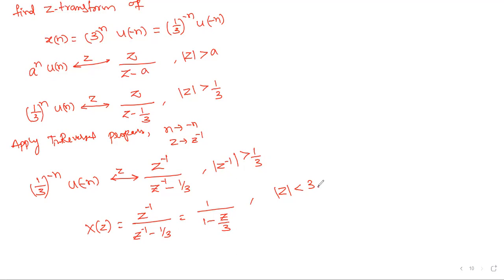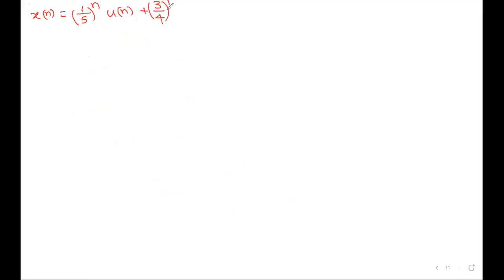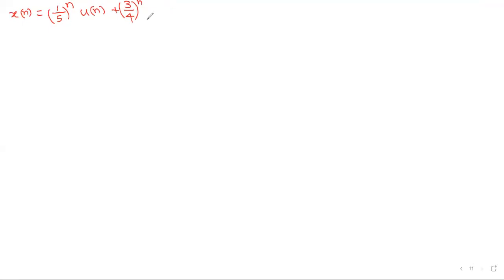Now, if they give two signals based on this one only, let us take one more numerical on this. x of n is equal to 1 by 5 whole power n into u of n plus 3 by 4 whole power n into u of minus n.